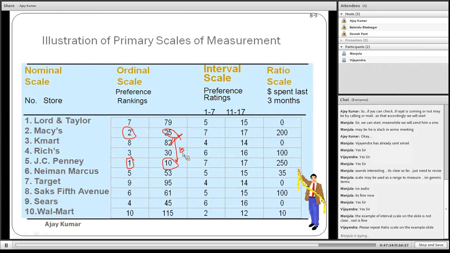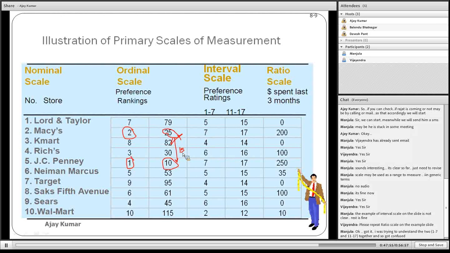Now if I take the difference between 2 and 3, so 2 is here, 3 is here. The difference between 25 and 30 is 5. So this is the difference between these two. Obviously this interval of 5 and 15 are not equal to each other. So this is how this is not an interval scale.